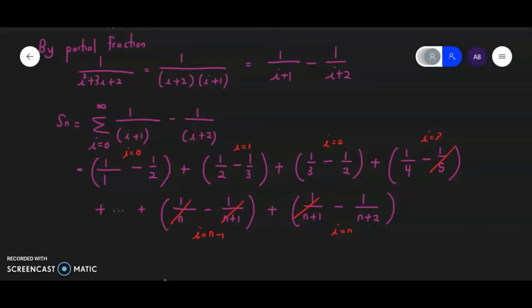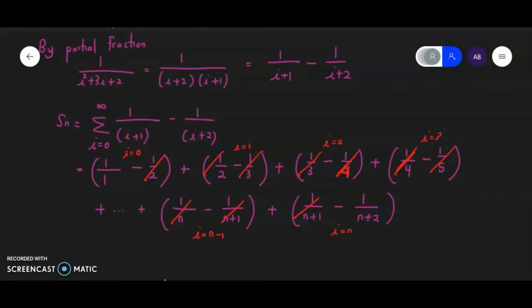This term will cancel out with this term, and this term will cancel out with the previous term here. So it should be 4 here. Sorry, that's why this term cancels out. So I have 1, 2, 2, 3, 3, 4, 4, 5, and so on. Please make sure this is 4, not 2 as I wrote just now.